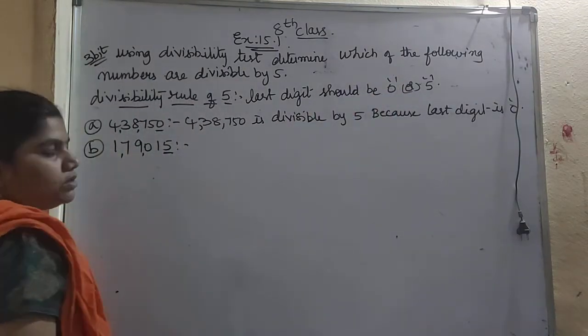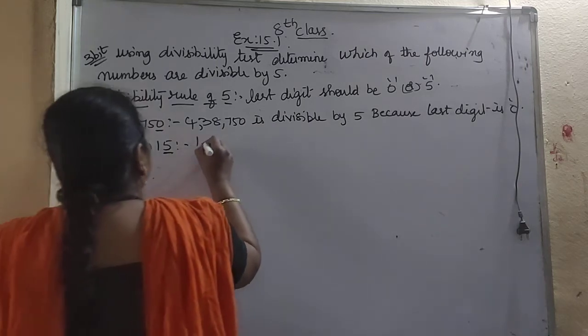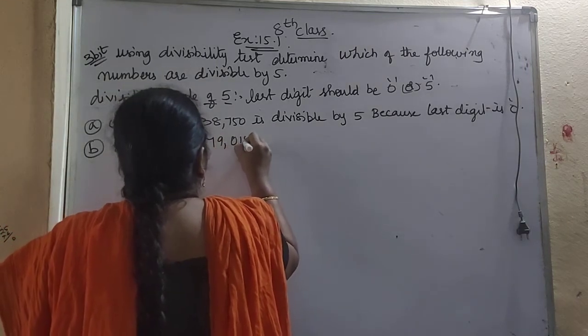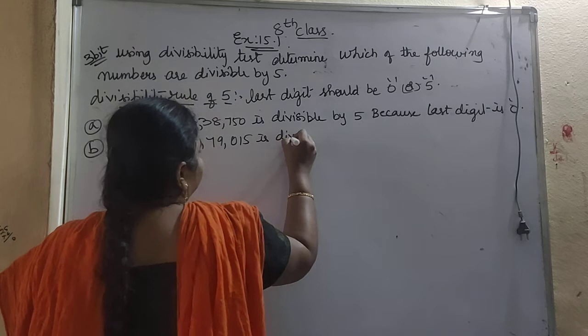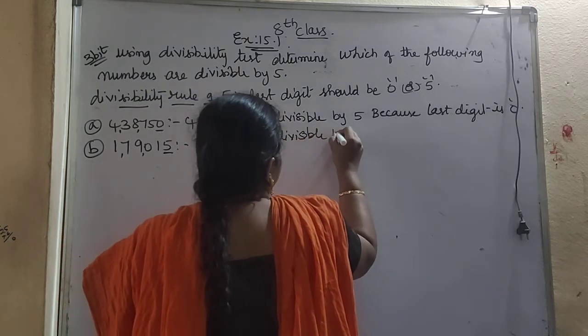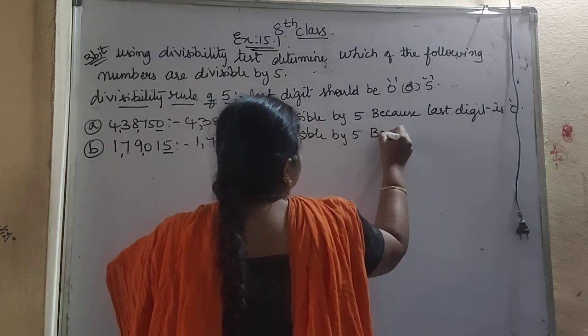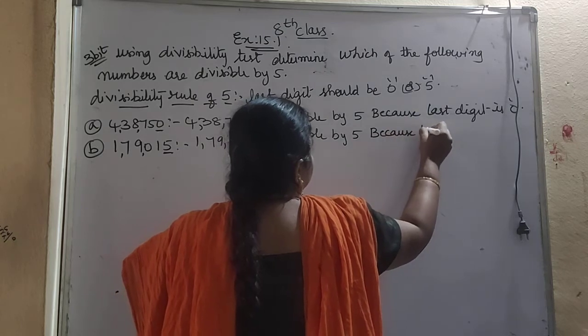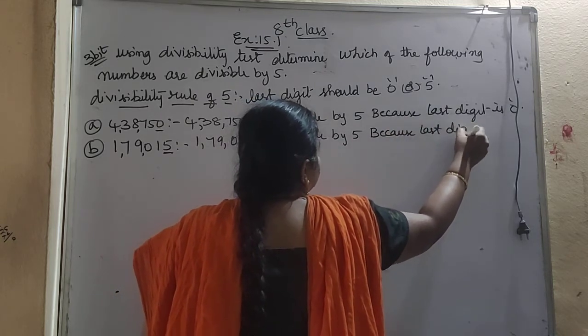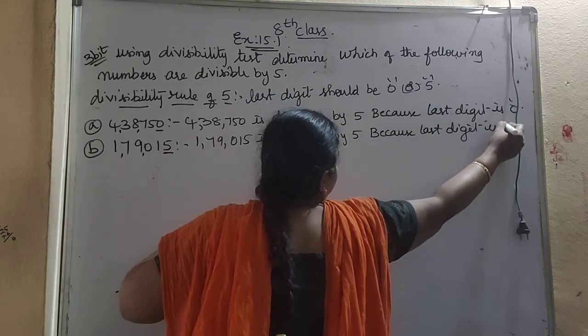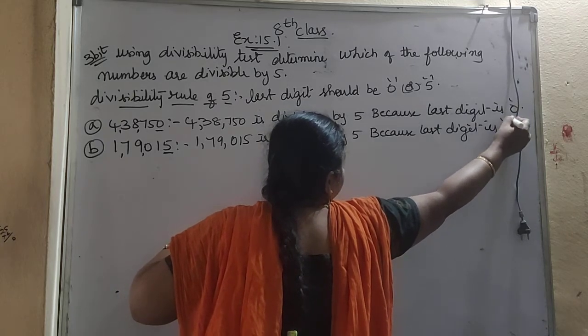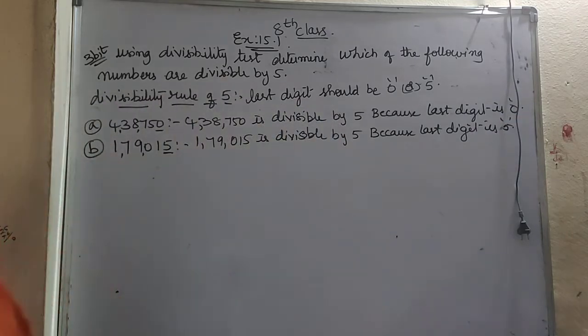So we can say 1,79,015 is divisible by 5 because last digit is 5. Okay, so this is our second one, B bit. So first one is divisible by 5 and second one is also divisible by 5.